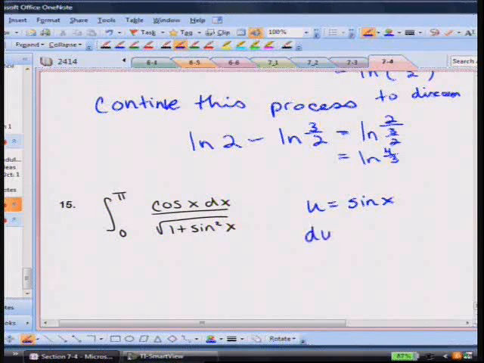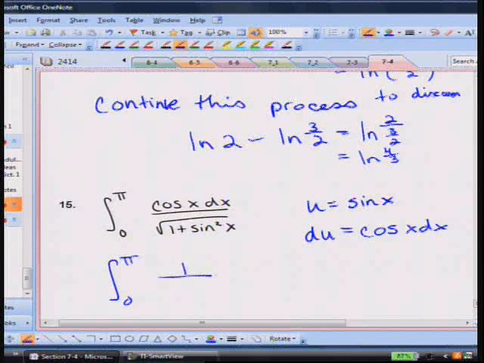Then du is going to equal, what's the derivative of the sine? Cosine x dx. So then you're going to have the integral from 0 to pi of du over the square root of 1 plus u squared, right?